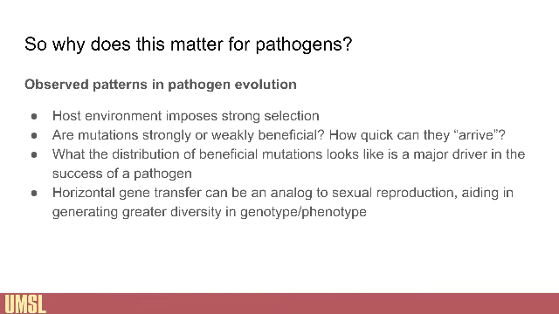What we see in pathogens is that the host environment imposes strong selection. There's not really a weakly selective environment. What it comes down to for a particular pathogen and its evolution is, are mutations strongly or weakly beneficial, and how quickly can they arrive?